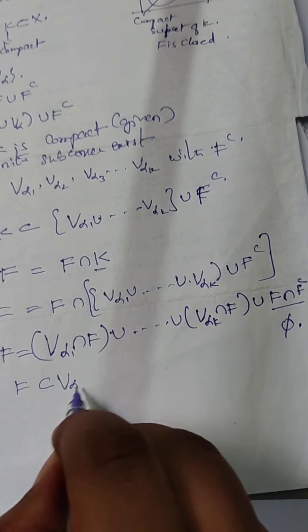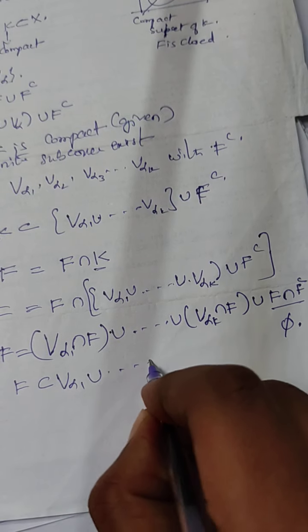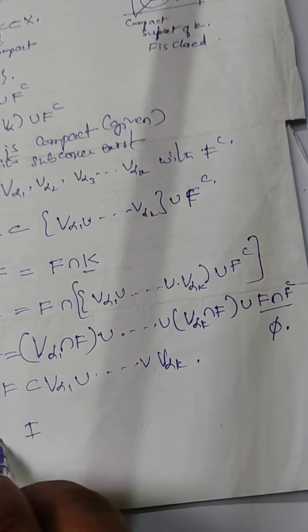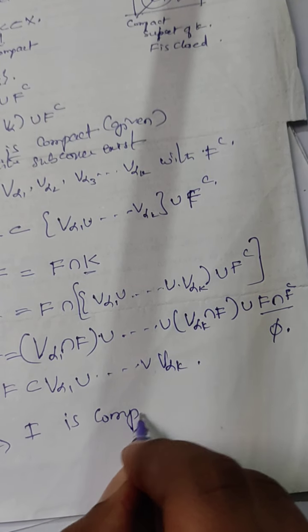F is a subset of V alpha 1 union V alpha 2 union V alpha k. That implies F is compact.